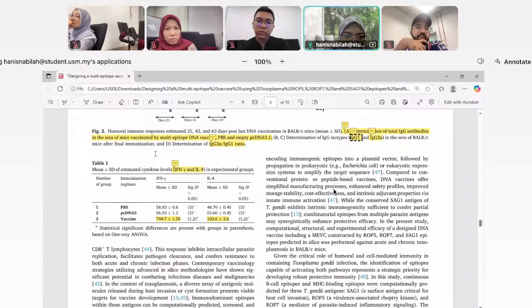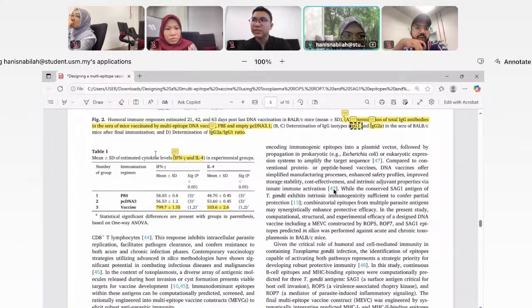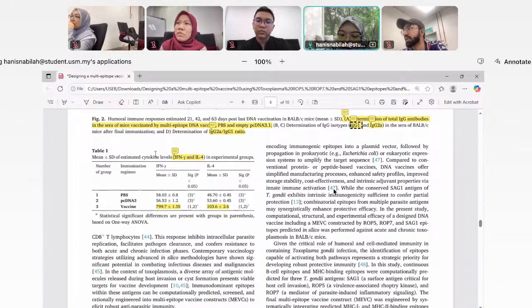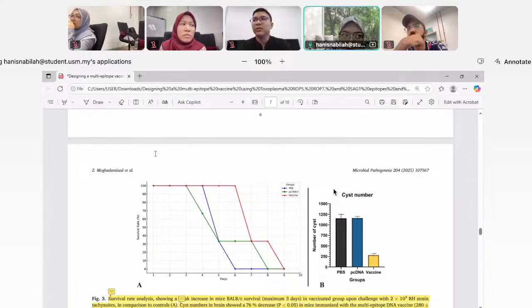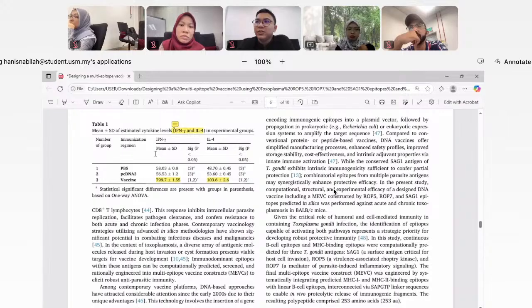So basically, we need a positive control that shows a very high response, and then we can compare. Something that produces an immune response, which we can compare the vaccine immune response with, because we don't know if it's significant or not. There's no positive control baseline.